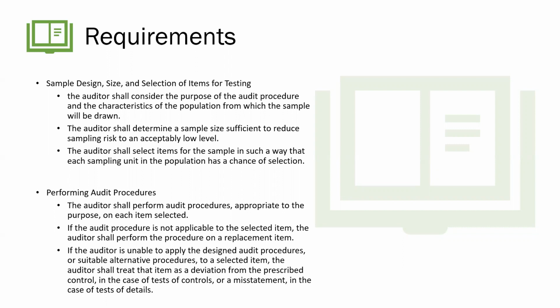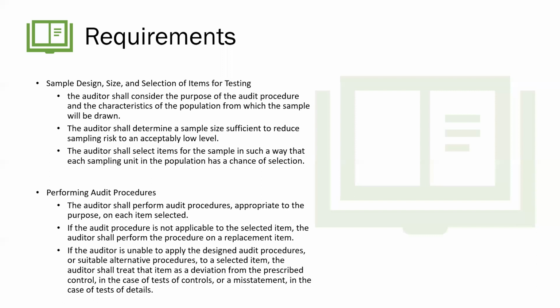If your audit procedure is not applicable on that selected item, the standard allows you to replace it. So you will go back to your population, select another item, replace your item. This means that your sample size does not change. You can change the sampling units that you have. You can change the items that you are testing on, but you do not change the sample size.